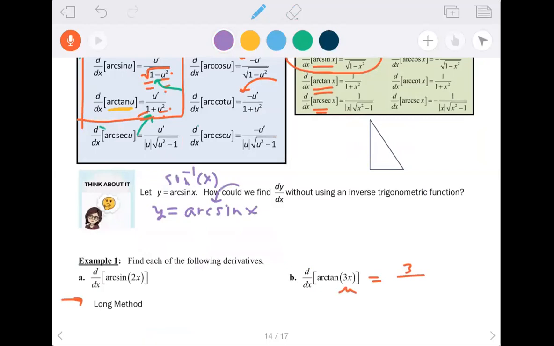Sining arc sine undoes it. Meaning if I apply the sine function to the left and to the right, what happens is this is like natural log of e, or squaring a square root, or adding 2, subtracting 2.